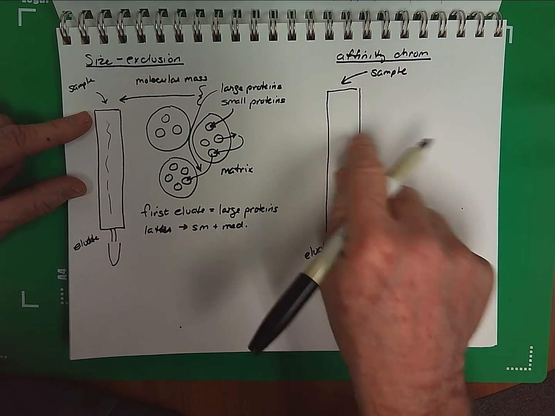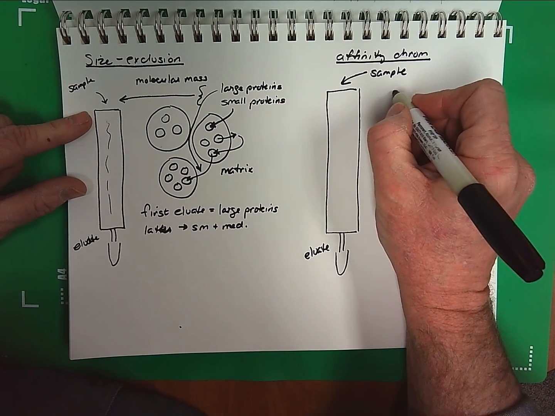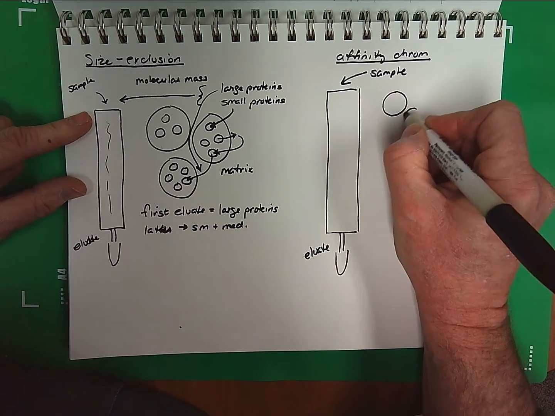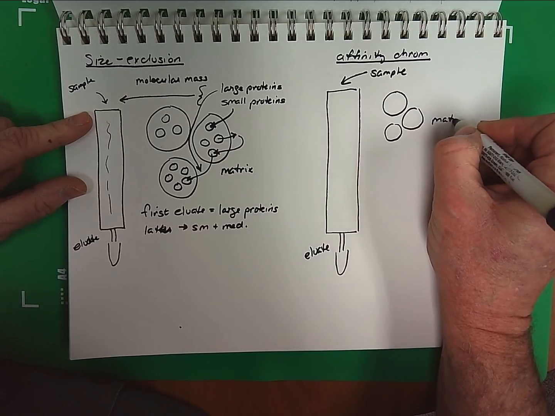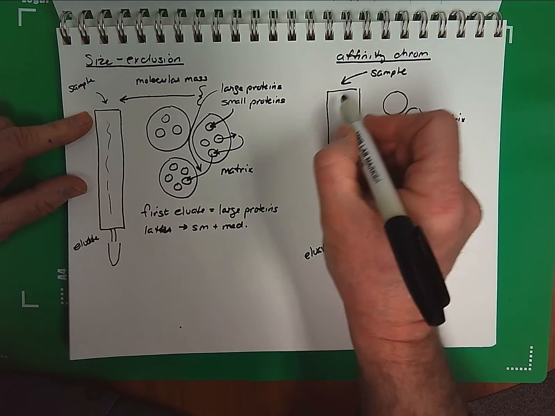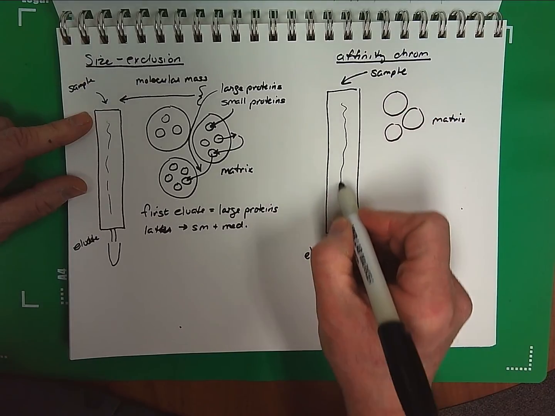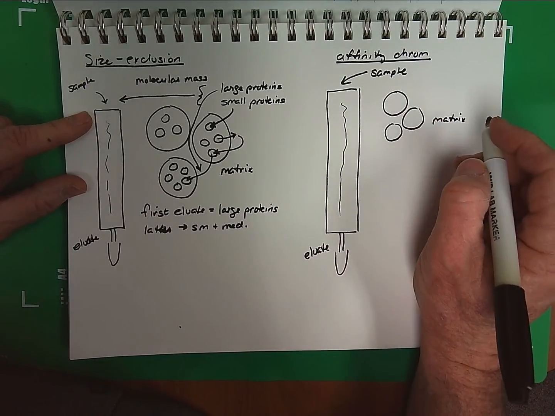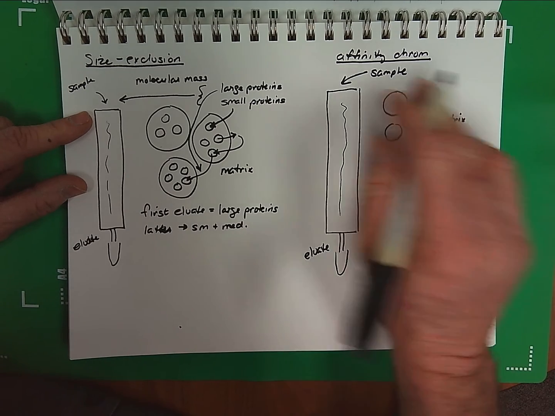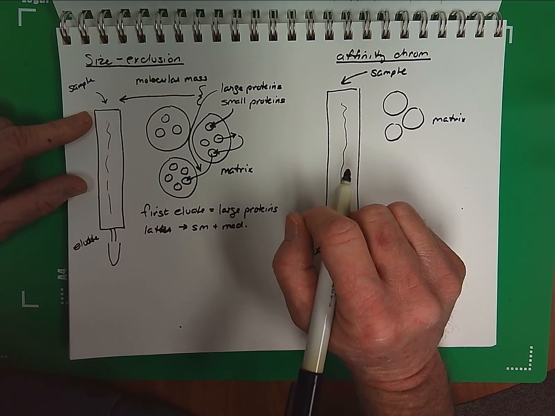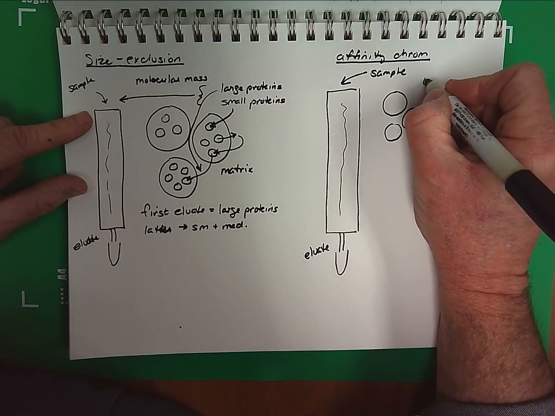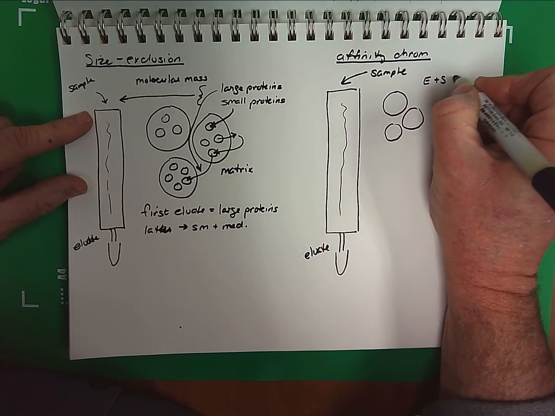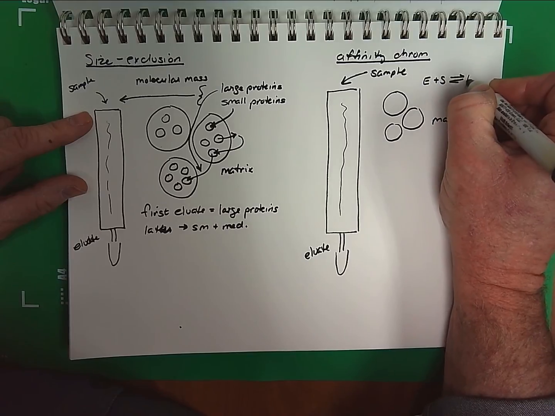We are going to rely on beads once again. The beads will be the matrix. And these beads will be in the column, and our sample will percolate through them. But affinity chromatography takes advantage of the enzyme substrate binding parameters.